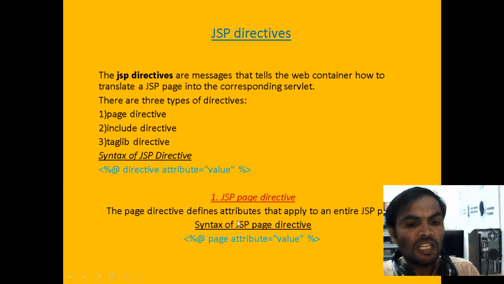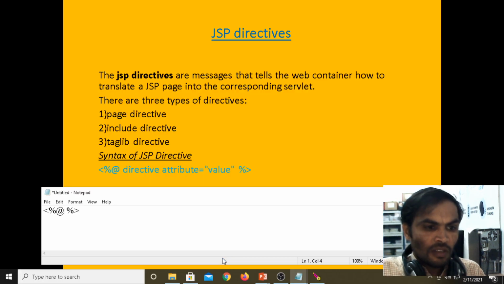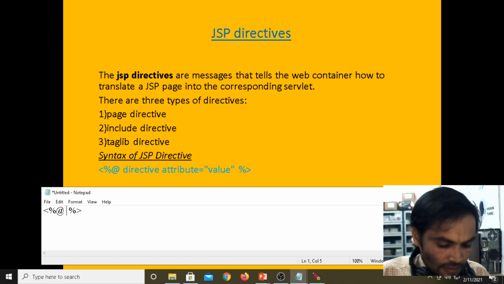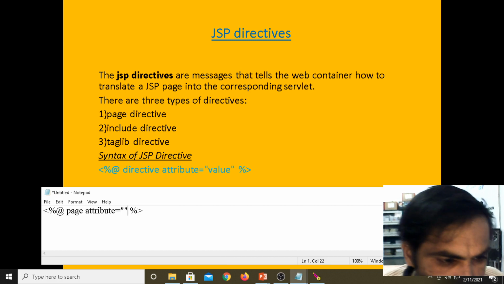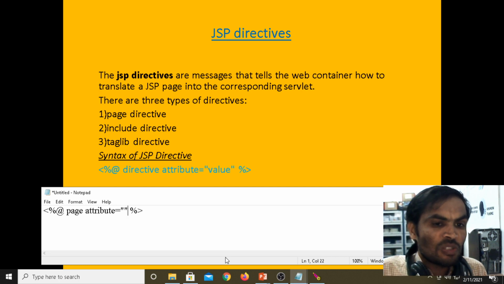If you want to write page, we should use at the rate page, then attribute name, then the value. What are the attributes available under the page directive tag?